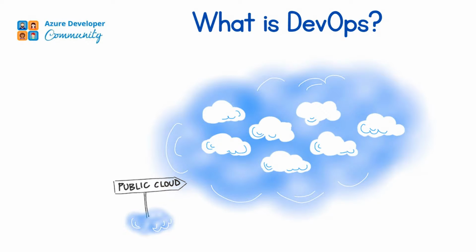Okay, so public and hybrid cloud have made it very easy for us to use. Okay, we can use IaaS, infrastructure as a service, to lift and shift your existing app to the cloud.